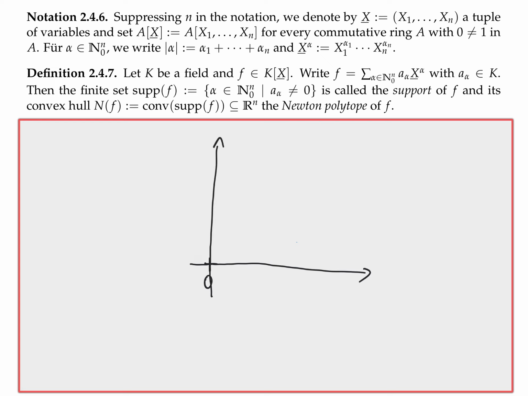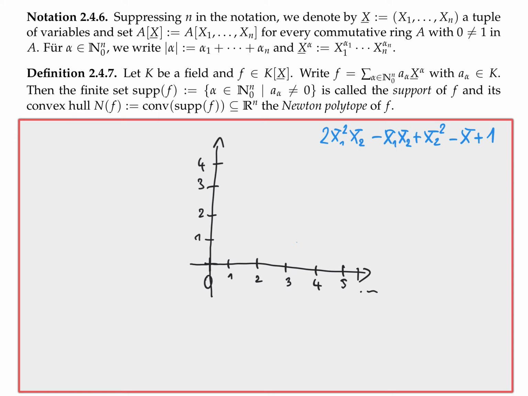So you know, I have here 1, 2, 3, 4, 5, and so on. 1, 2, 3, 4. And you know, if I have now a polynomial like 2 times x1 squared x2 minus x1 x2 plus x2 squared minus x1 plus 1, right? What is then the support?